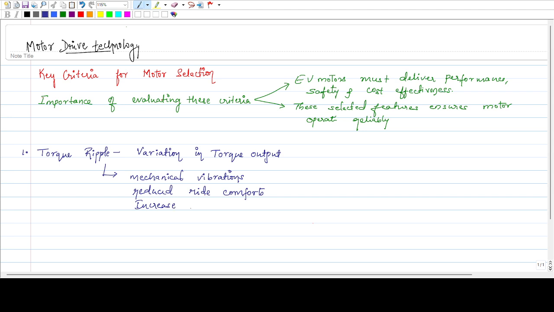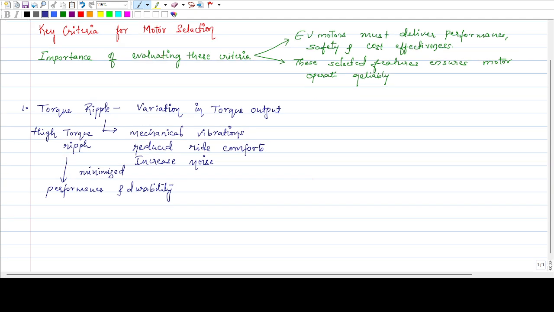The increase in torque ripple actually increases the noise. This is the consequence of high torque ripple. Now this needs to be minimized. You need to have minimized torque ripple in order to get better performance and better durability. This is the reason why torque ripple is important in terms of performance and durability.